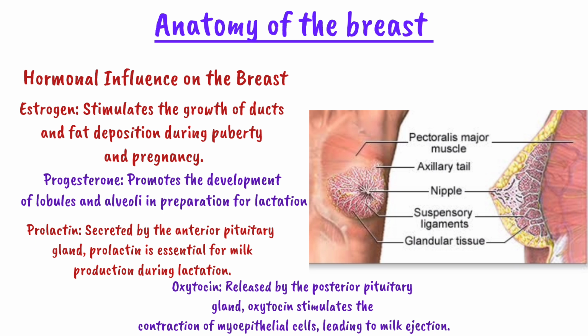So as you can see, progesterone, prolactin, and oxytocin are all focused on lactation. Hormonal fluctuations during the menstrual cycle, pregnancy, and menopause significantly impact breast tissue, influencing its size, density, and sensitivity.